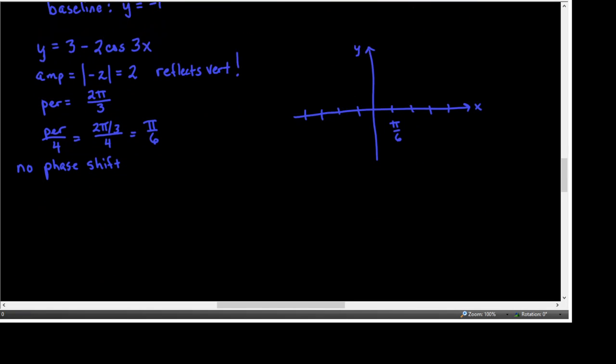Okay. And then the baseline is the number added to the output, -2 cosine of 3x, whatever that output is. We're going to add 3 to it. So that means that our baseline is at y equals 3.